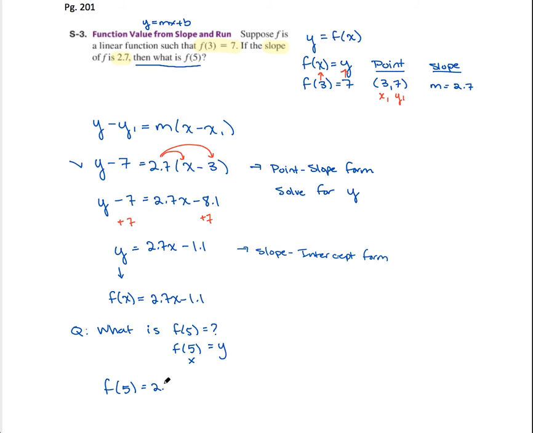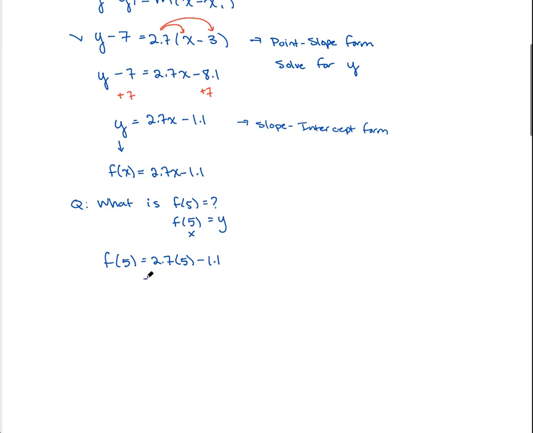So all I'm doing here is substituting in 5 for x and then evaluating the function. All right, so what do we get here? We get 2.7 times 5 minus 1.1, which is 13.5. So f of 5 is equal to 13.5.